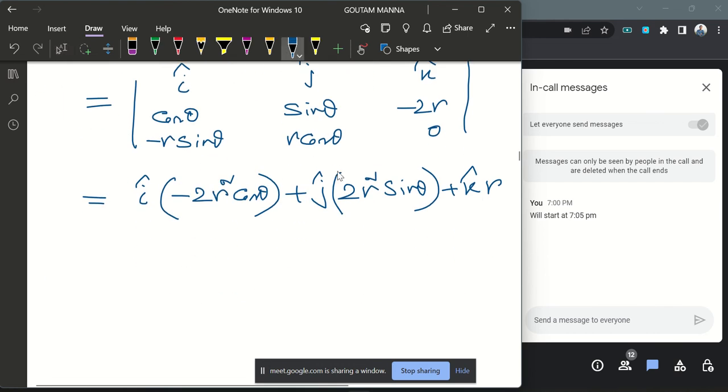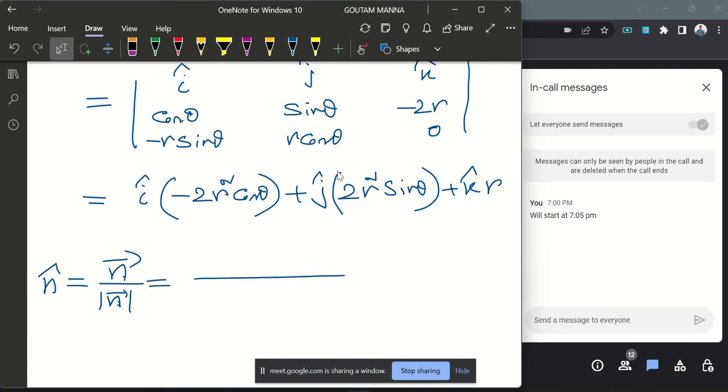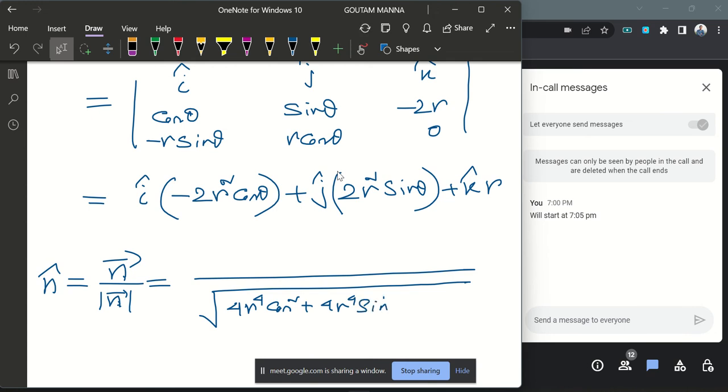So then the unit vector is given by this normal vector divided by its magnitude. Its magnitude, if you calculate it, will be root under 4 r to the power 4 cos square theta plus 4 r to the power 4 sin square theta plus r square.